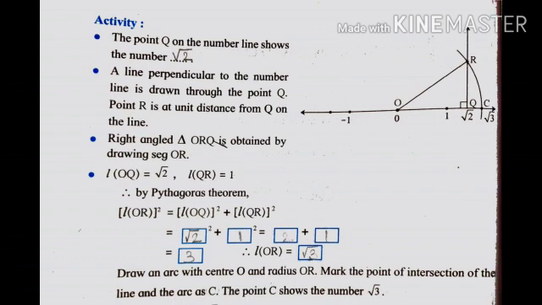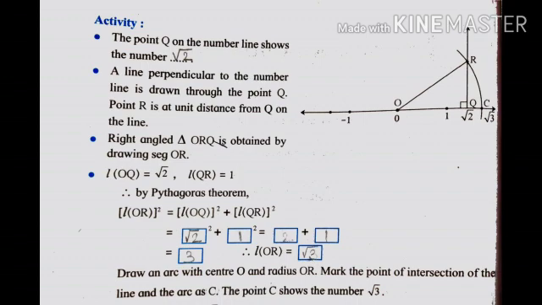The square of root 2 is 2. Therefore, in the next step, it will be 2, square of root 2 as 2, plus square of 1 as 1. Now, the sum of 2 plus 1 is equal to 3.